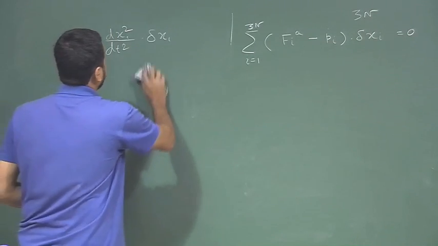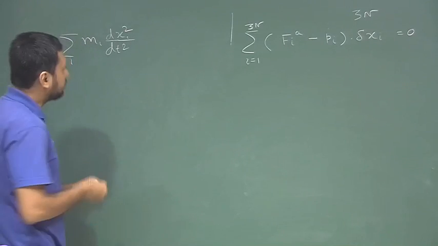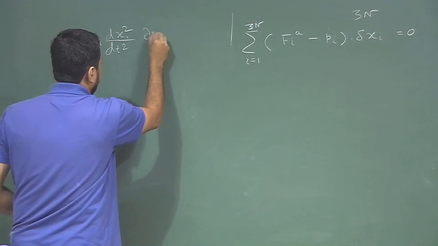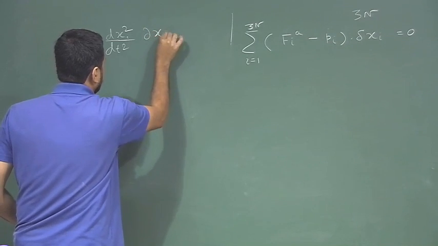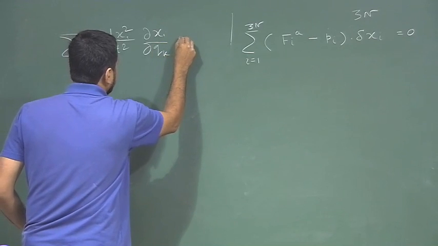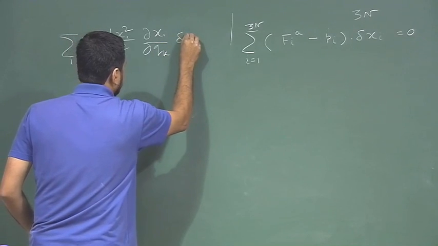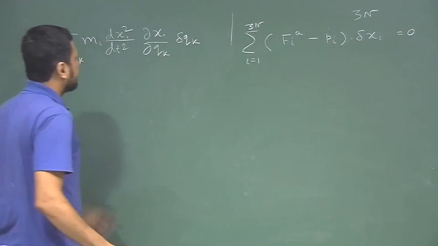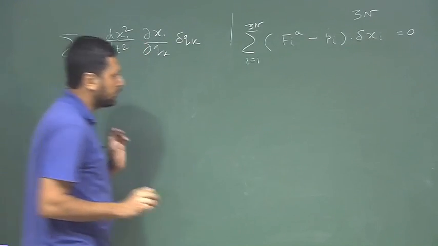This part is a bit tricky and I always need to refer to my notes because there are so many calculations. Instead of this delta x_i, what we can do is convert it in terms of the generalized coordinates. We have to add another sum. This operation I will justify now.